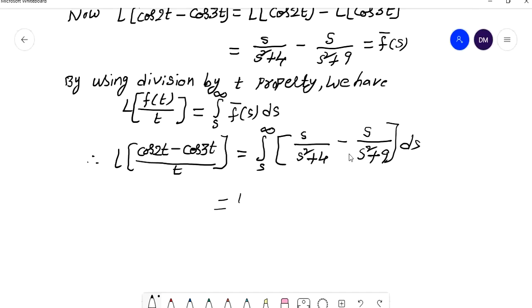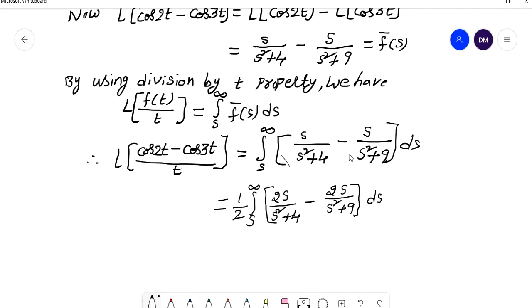What happened? 1 by 2 into the integral from s to infinity of 2s by s square plus 4 minus 2s by s square plus 9. I have just multiplied and divided by 2.